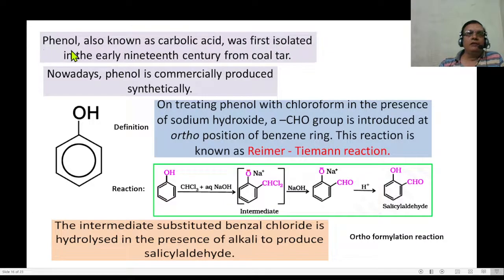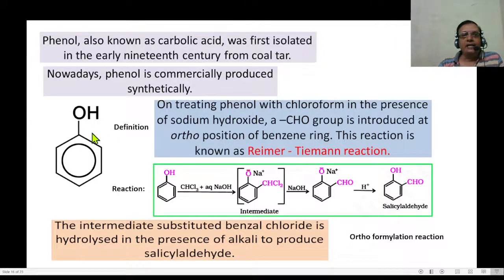Already we know that in the older days, in the early 19th century, phenol could only be separated from coal tar. Phenol is known as carbolic acid and was isolated from coal tar. But nowadays phenol can be commercially produced or synthesized very easily.